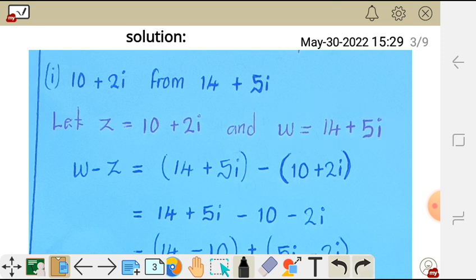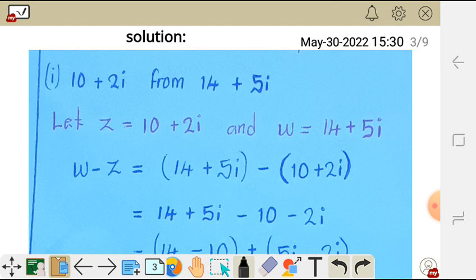So we are subtracting this complex number from that one, meaning it is 14 plus 5i minus 10 plus 2i. Since this one is w and this is z, then w minus z will be w, which is 14 plus 5i in brackets, minus z, which is 10 plus 2i in brackets.